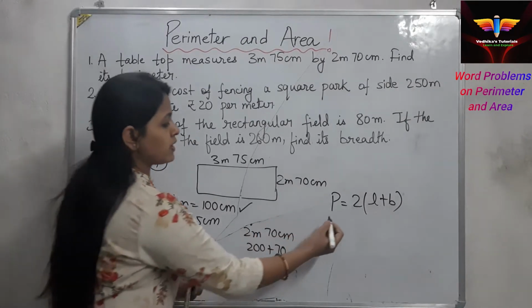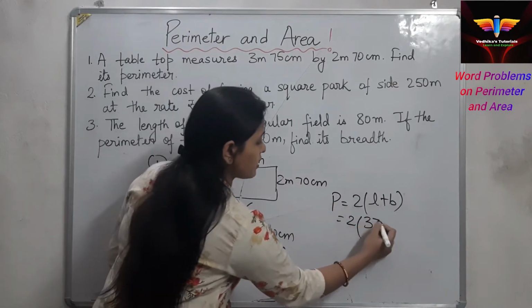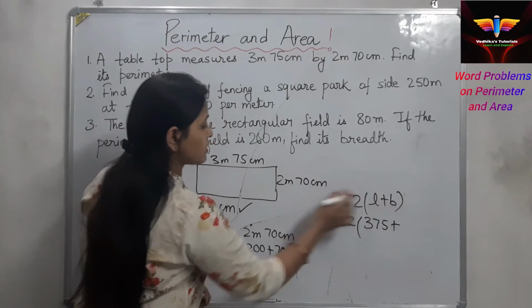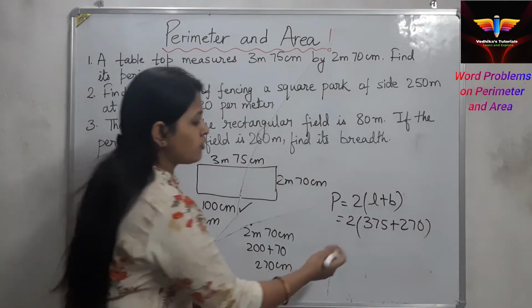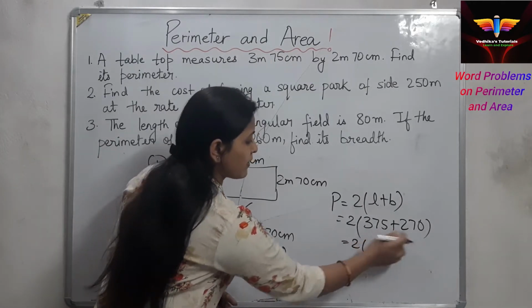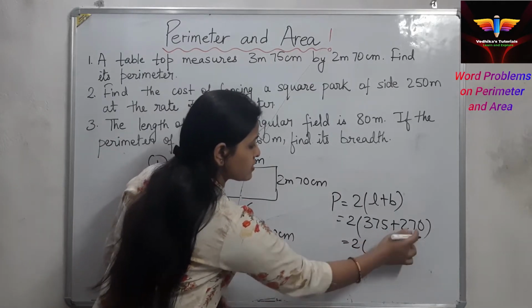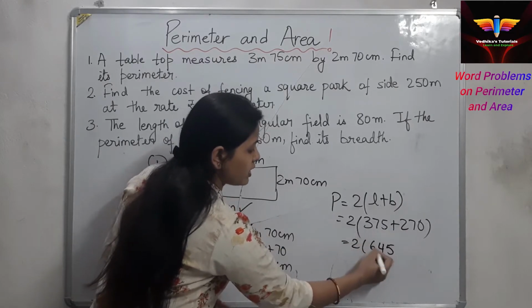Now find the perimeter. 2 times length, which is 375, plus breadth, which is 270. Now we have to solve the bracket first. 5 plus 0, 5; 7 plus 7, 14, 4 carry 1; 3 plus 2, 5 and 1, 6.